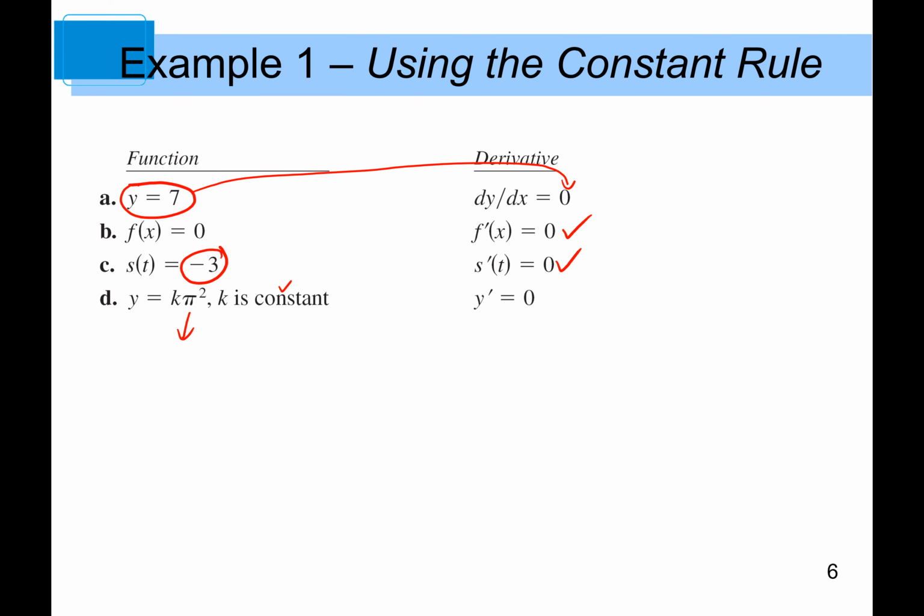Pi squared, pi is approximately equal to 3.14, with infinitely many digits. But since it's a real number, the square of that will become a constant. So the derivative of a constant is 0. Okay.